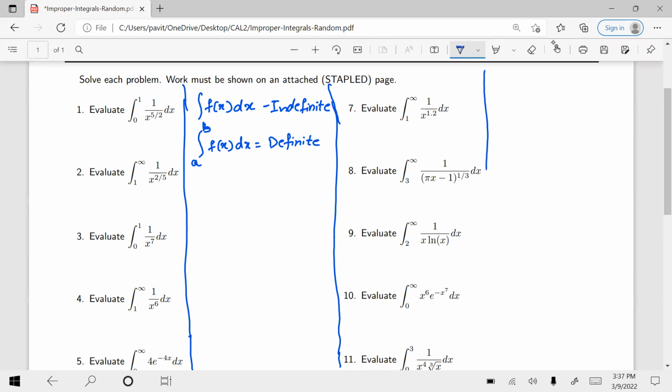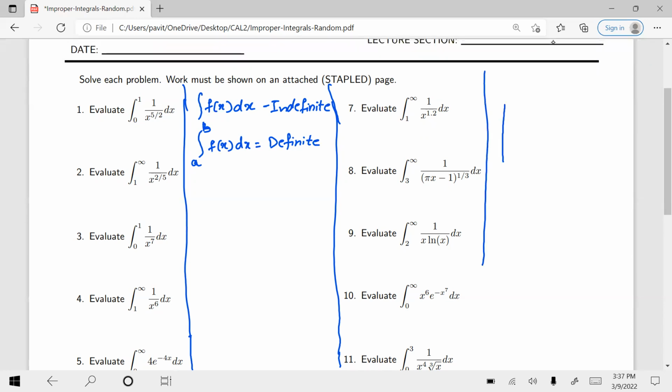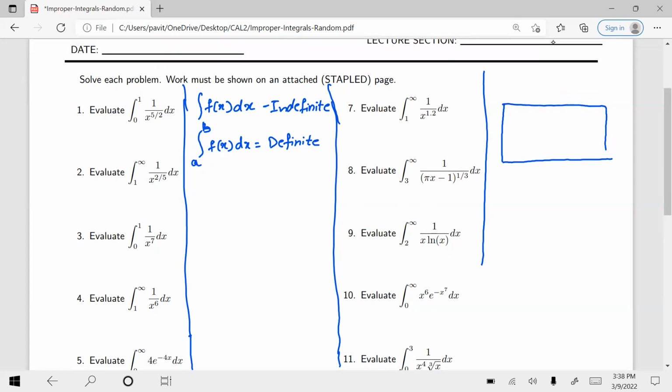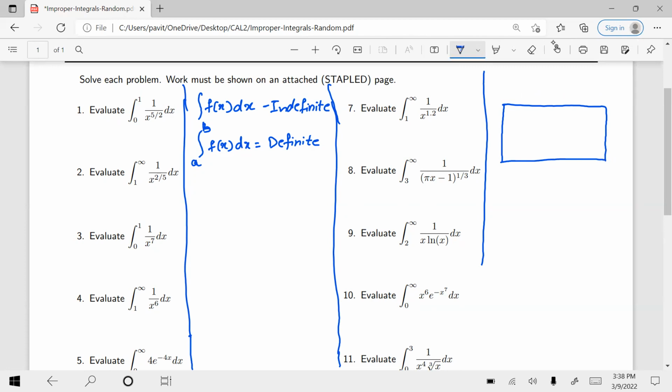That's because, remember, the goal of an integral is to find the area of any geometry. It need not be a rectangle. Of any geometry, the goal is to find the area between the points, right?